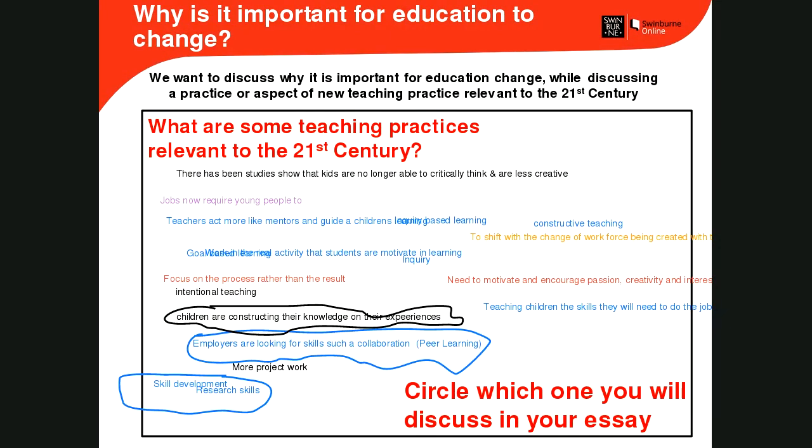And don't forget to always be linking back to that focus of the assessment. And the focus of the assessment is how education is changing. So we'd really be looking for you to link back to those 21st century skills for this one in that pedagogical practice that you choose. So if you choose inquiry-based learning to bring about a change in the way that students think, you would then link that to those ideas about the 4 C's or the greater use of collaboration.